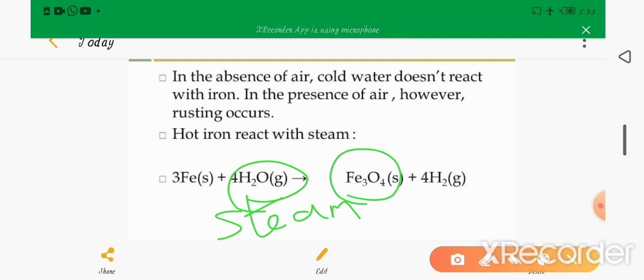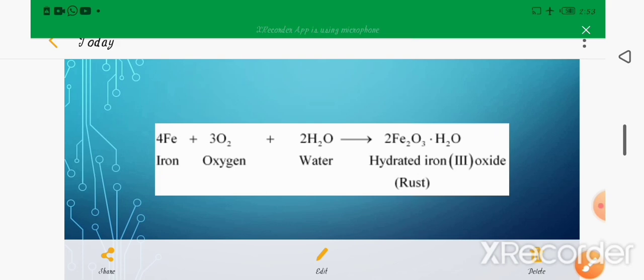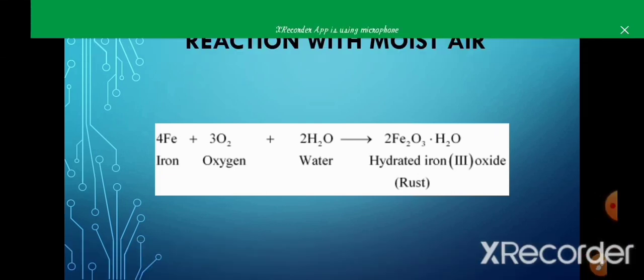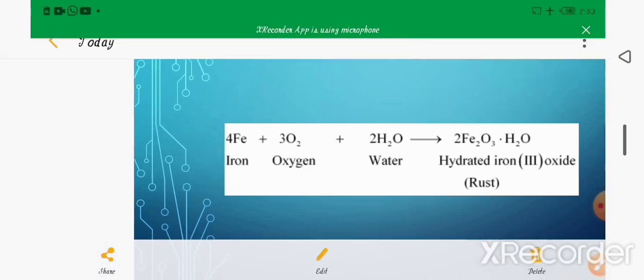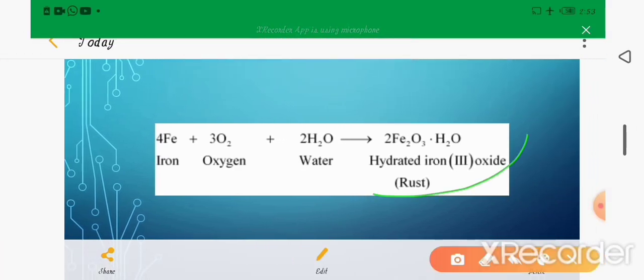Next, we go to the next reaction, that is reaction with moisture. What is meant by reaction with moisture? You know very well, that is rust. How will it be formed? When iron is exposed to moisture and air, moisture meaning particles in vapor state, it forms a layer of brown hydrated ferric oxide, Fe2O3.H2O.